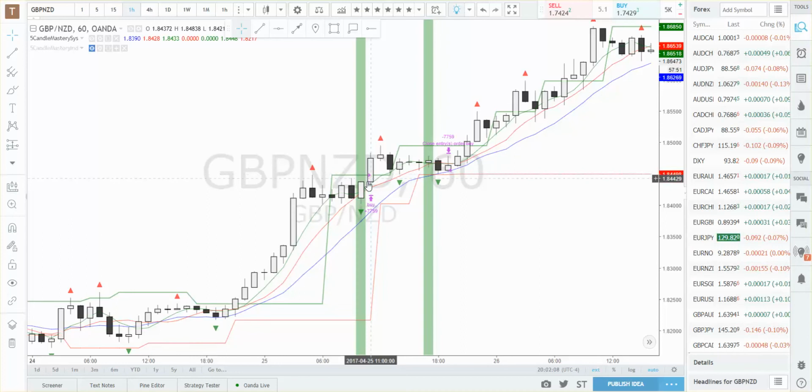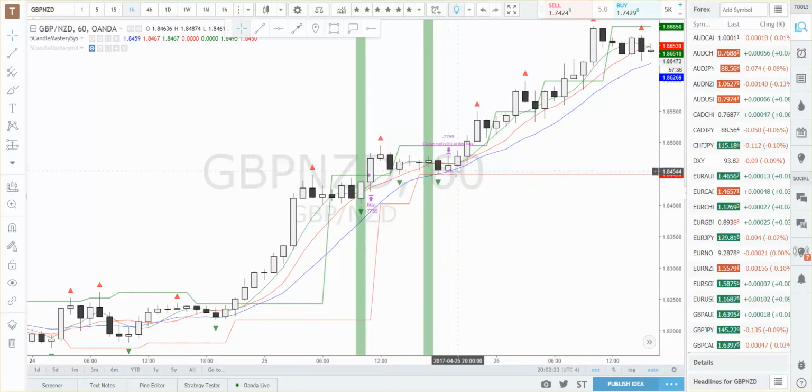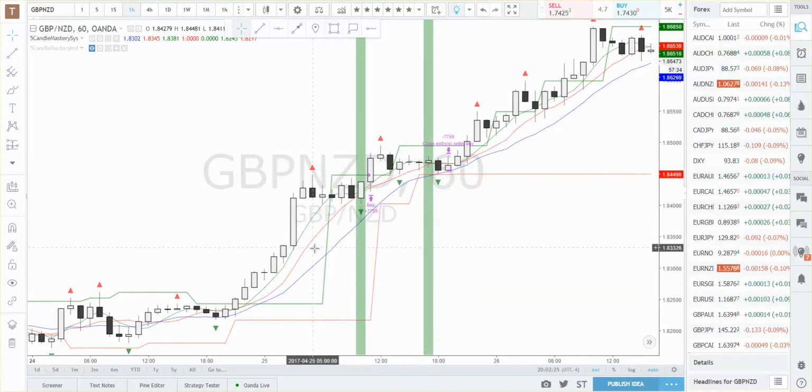But in order for it to trigger a buy, it needs to break above that fractal. And it did. It bought 7,759 units, and it closed here. The close is based on the red moving average, so it will close as soon as price crosses below that red moving average.